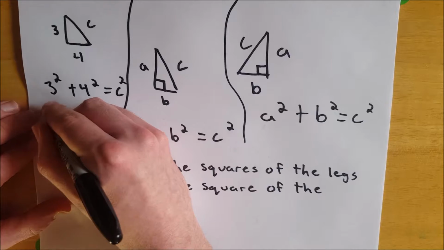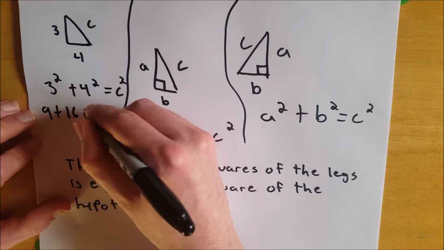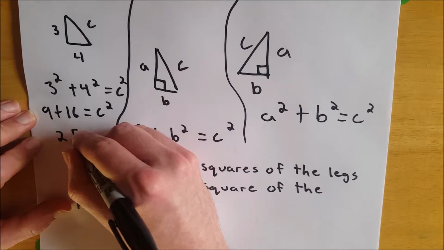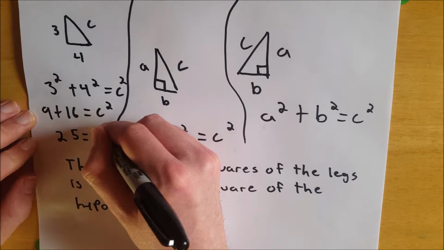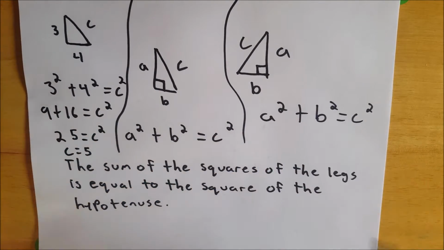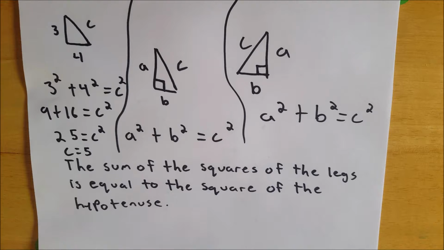So this would mean that 9, 3 squared, plus 16, 4 squared, equals c squared, which means that 25 equals c squared, and therefore c equals 5, because 5 is the square root of 25. So you see how the Pythagorean theorem can help you find the third side of a triangle.